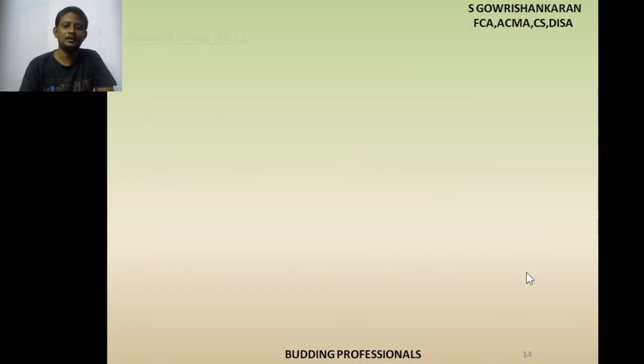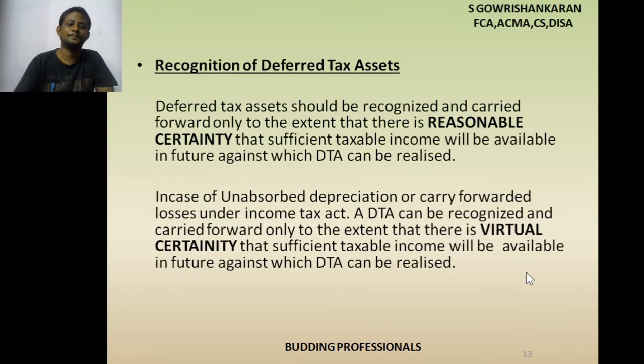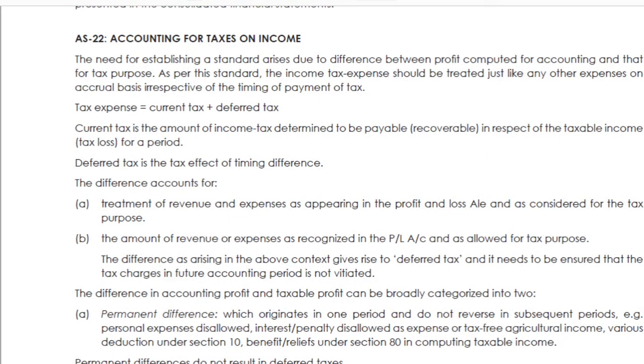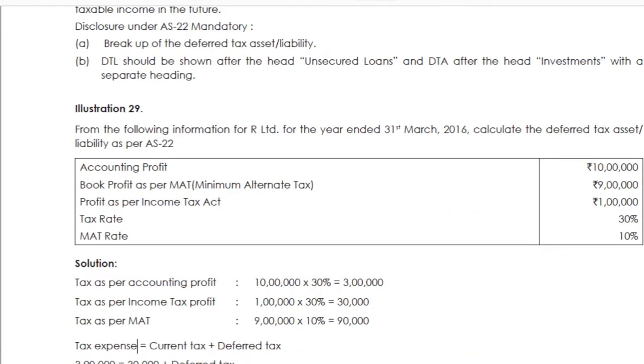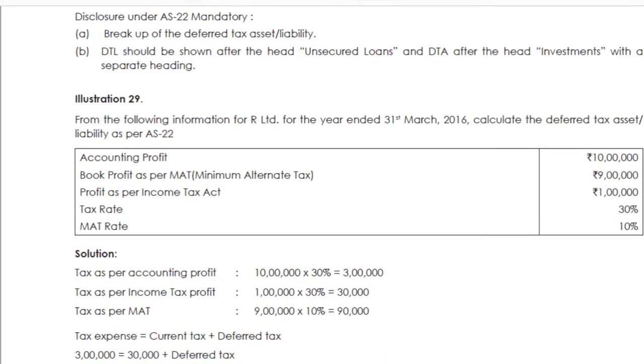And the next thing is disclosures. So before disclosures, we will work out a few problems from your material and past examination questions. Then we will proceed with the disclosures. Okay. So just go through this.